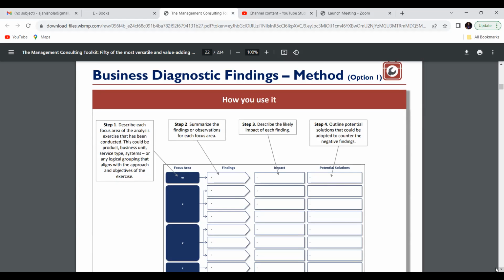What you want to do is have a format that clearly shows what your findings are and the likely impact on the business. And further on, how you could develop strategies to counter or to improve on the negative findings.